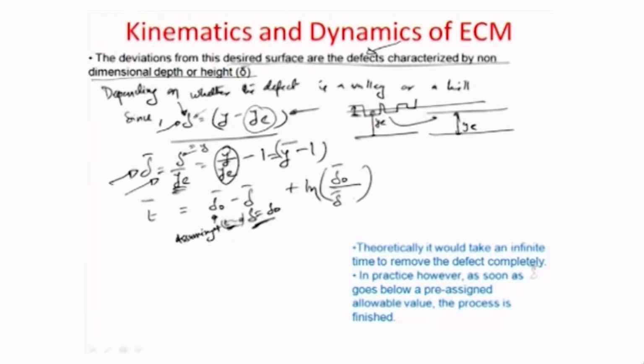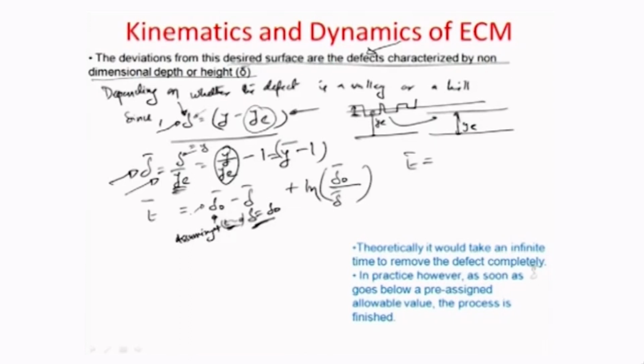And therefore, the whole idea is that the t dash that we are looking into is actually equal to this delta 0 dash minus delta dash plus ln delta 0 dash by delta dash.